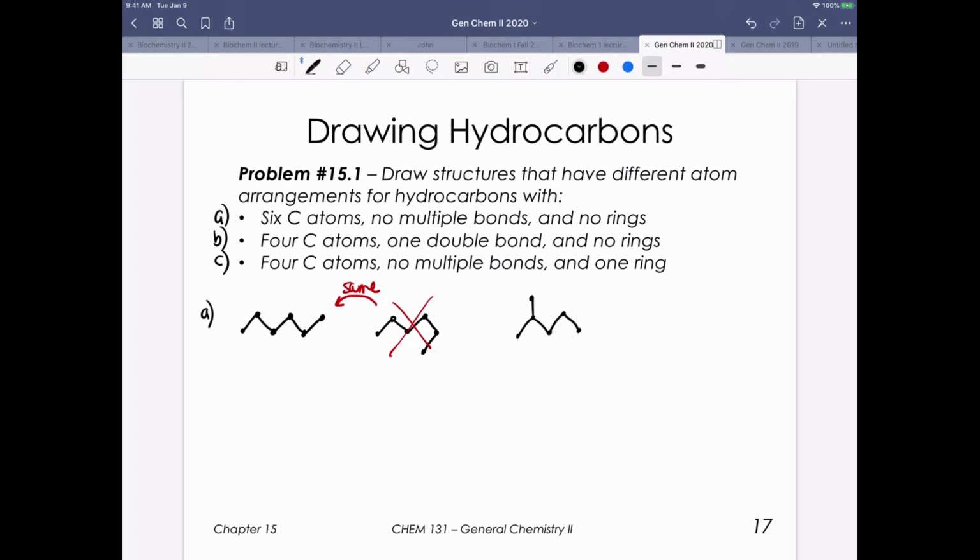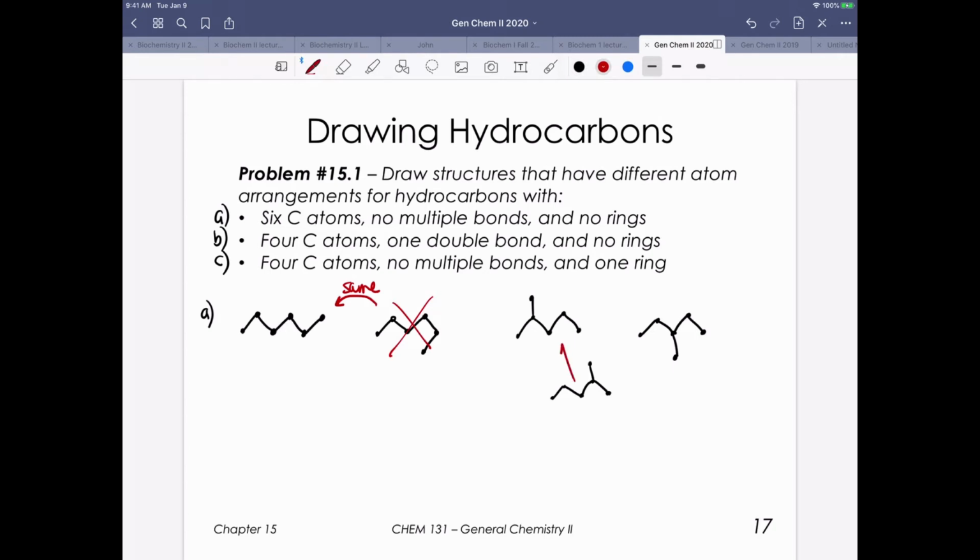All right, let's see if we can draw another isomer that has 5. 1, 2, 3, 4, 5. What if I were to put this guy down the middle? That would be a new molecule. And now I'm really on a roll, so I'm just going to keep going here. 1, 2, 3, 4, 5. Let's do this guy. Oh, whoops.